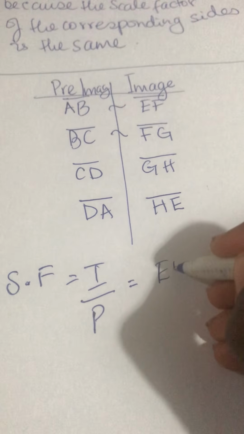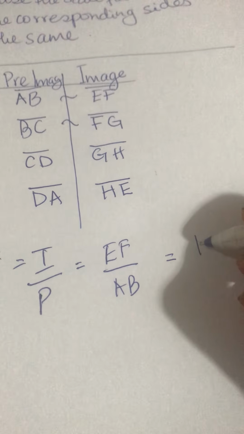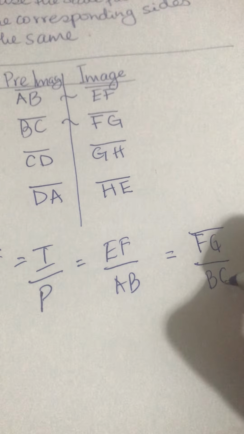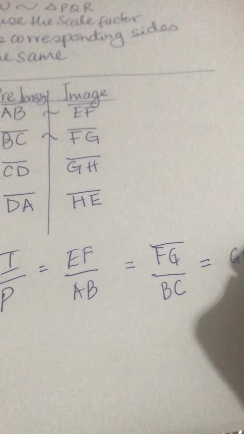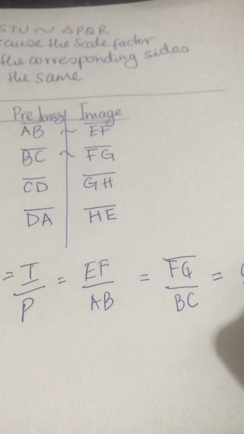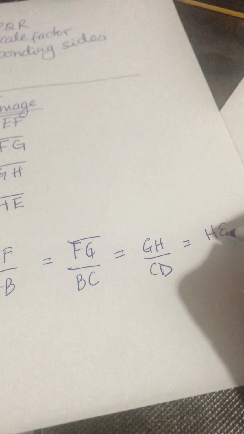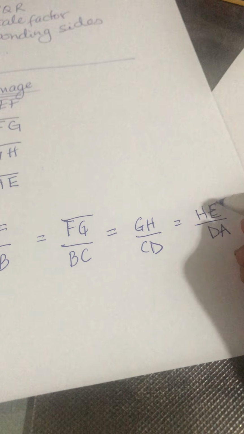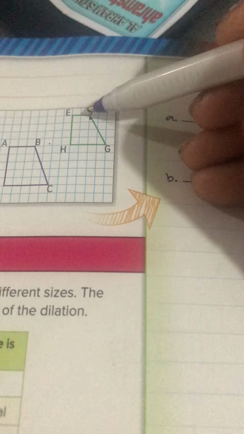EF over AB, FG over BC, GH over CD, and then HE over DA. Now let's put our numbers. EF, 3 units, no, 2 units.